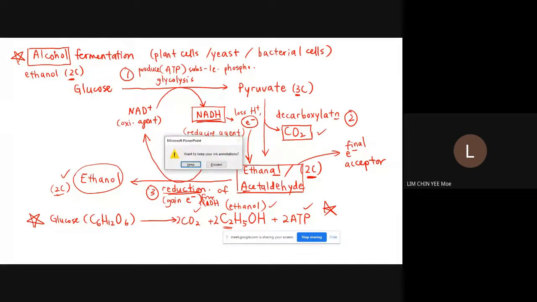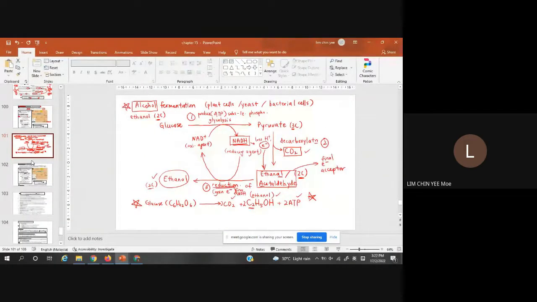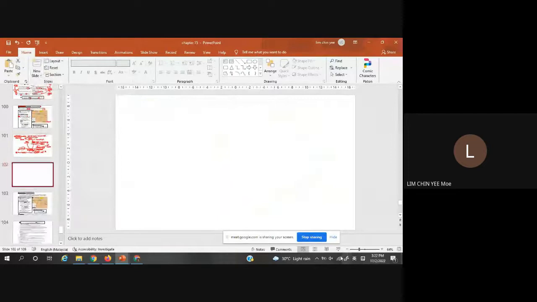What about lactate fermentation? Lactate fermentation sangat-sangat senang. Very straightforward. Okay, now let's talk about lactate fermentation. Berlaku dekat mana? Animal ke plant? Animal. So, animal cell or muscle cell. Alright. First, kita mesti start dengan apa?